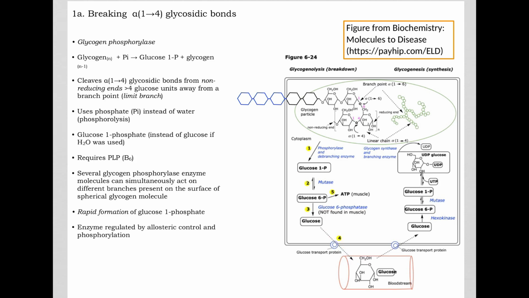We shall talk about regulation of metabolism in a future video, but just a few words. Glycogen phosphorylase is closely regulated, and that is done by allosteric regulation as well as covalent modification, especially phosphorylation.